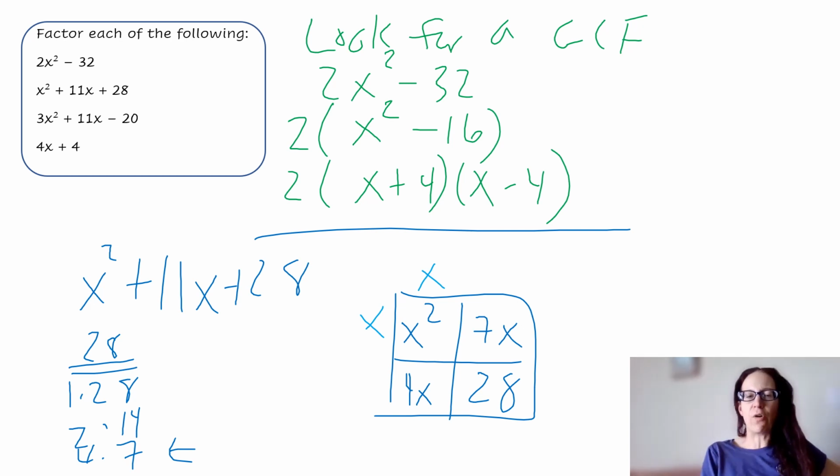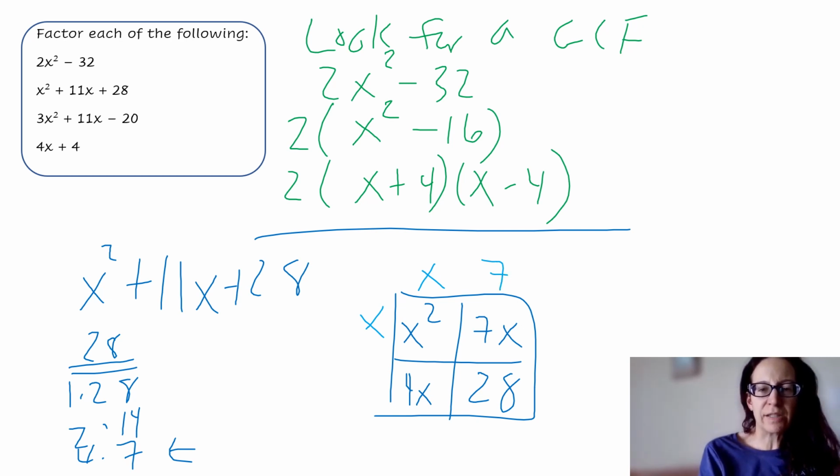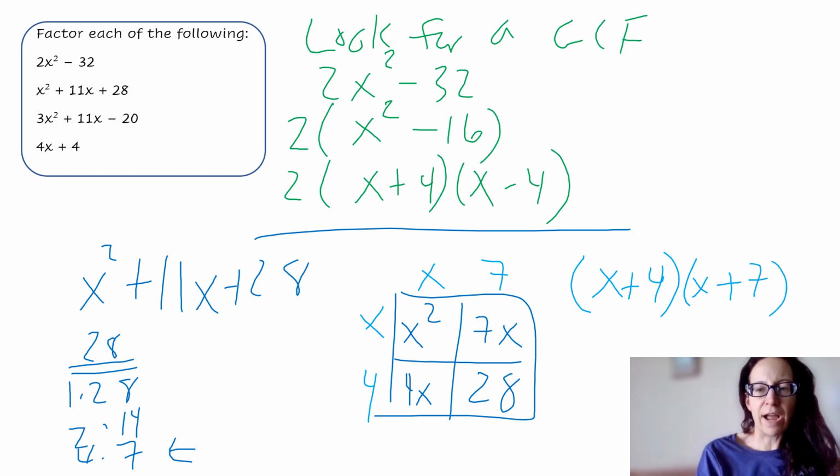When you have a leading coefficient, you have to look more closely at your GCFs moving across or up or down. 7 times x is what gives us 7x. 4 times x is what gives us 4x. And so the factors, the things that were multiplied to give us that area were x plus 4 and x plus 7.